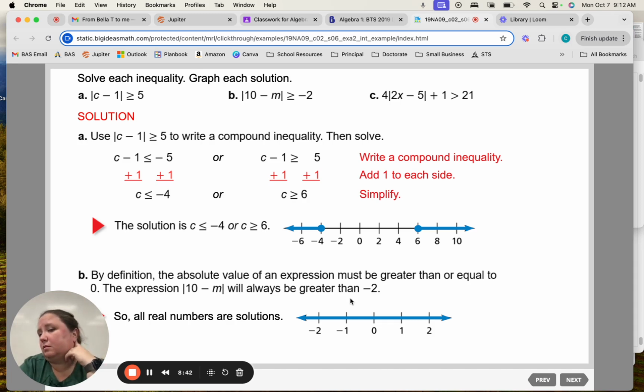So every time it's negative 2 is less than the absolute value side, then it'll be all real numbers. If it's the other way, where the absolute value side is less than the negative number, then it's no solution.